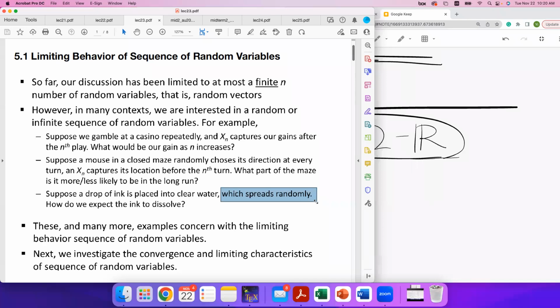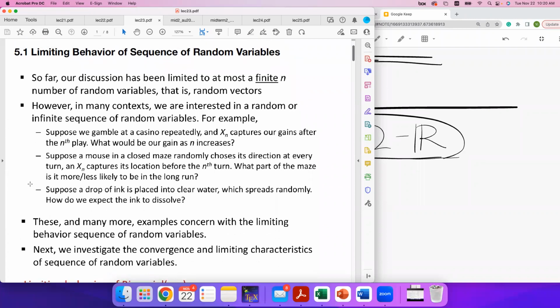But time can be infinite or over a very long horizon. So in those cases, we always need to deal with a sequence of random variables. And we want to understand in the limit what the behavior of these random variables is. In the end, will this drop of ink spread uniformly over the entire water, or will it concentrate at a certain point? When we talk about random processes, it is always a matter of dealing with a sequence of random variables.